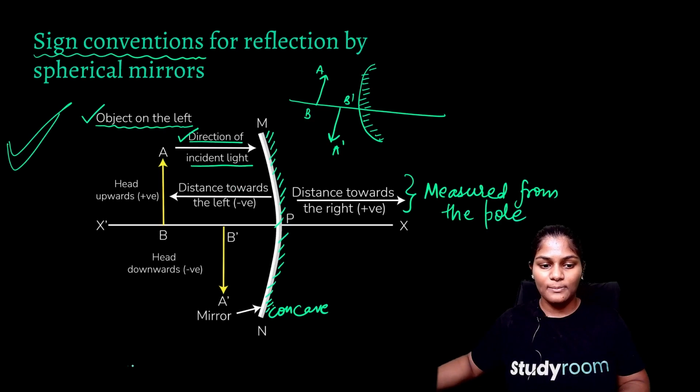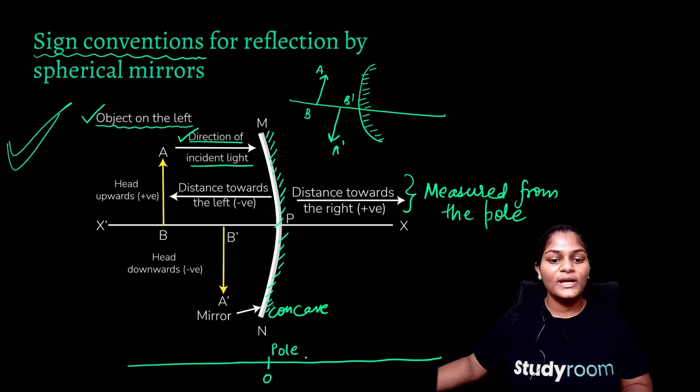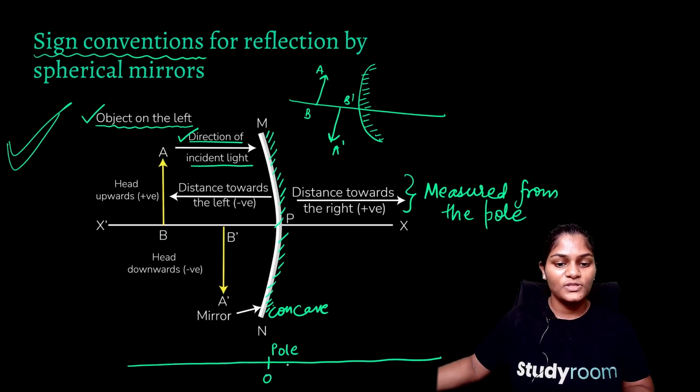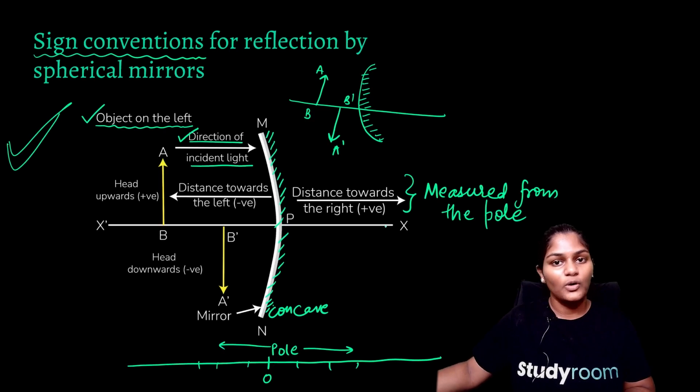You can compare it to the number line. So here the 0 of the number line is the pole of the mirror. Okay, so like all distances are measured from 0, after 0 here like 1, 2, 3 and -1, -2, -3. So similarly from the pole all the distances are measured from here and here. So the pole is basically the 0, and from here we measure all the distances of the image and the objects.